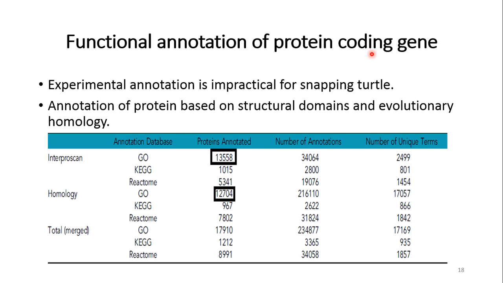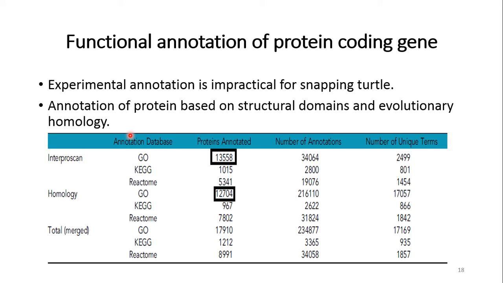Functional annotation of protein coding genes. Experimental annotation of protein function at a genome-wide scale is impractical for new model species like the snapping turtle, but it is possible to annotate protein function based on structural domains and evolutionary homology.